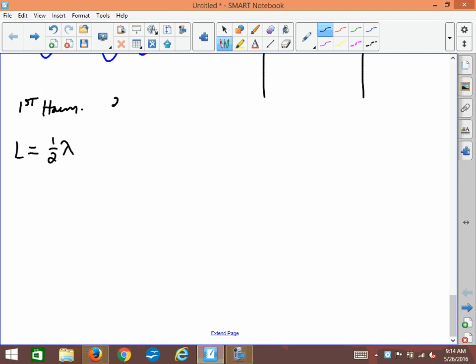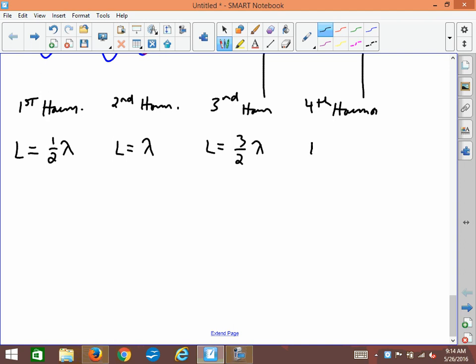For the second harmonic, we had the length of the vibrating string or medium equal to lambda. For the third harmonic, we had that the length of the string was 3/2 lambda. And for the fourth harmonic, we had that the length of the string was equal to 2 lambdas.